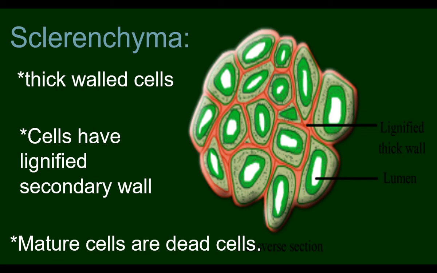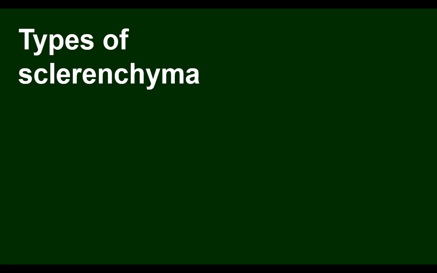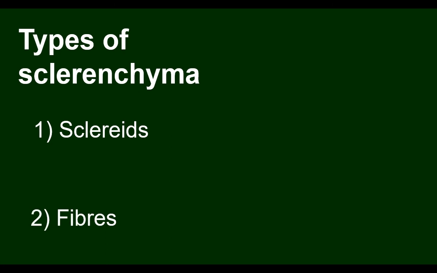Mature sclerenchyma cells are dead cells because the secondary wall is very thick in mature sclerenchyma cells. The mature sclerenchyma cells have no protoplasm, so they are dead cells. There are two types of sclerenchyma. One is sclereids, another one is fibers. Fibers are long sclerenchyma.